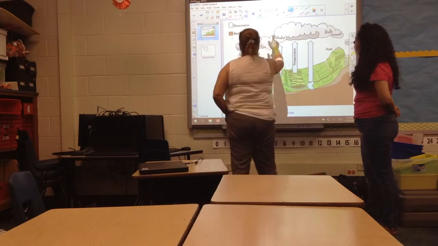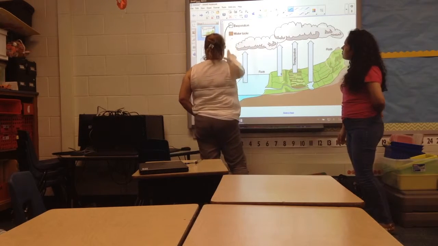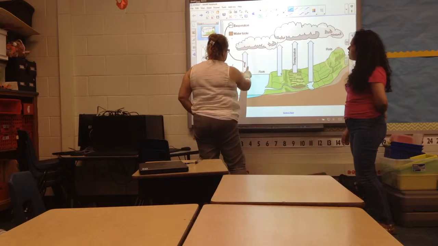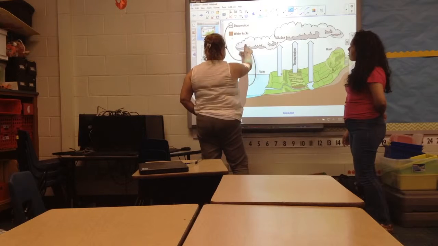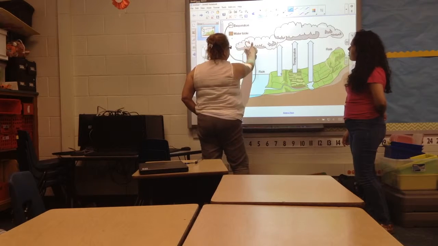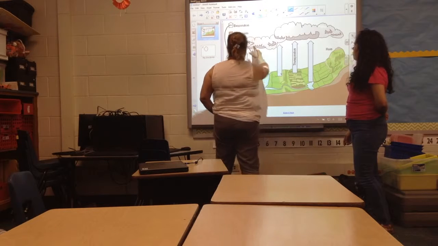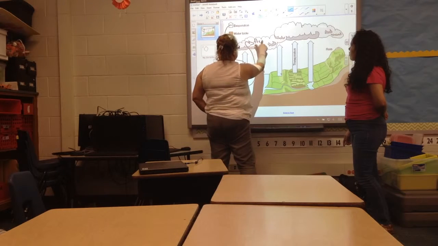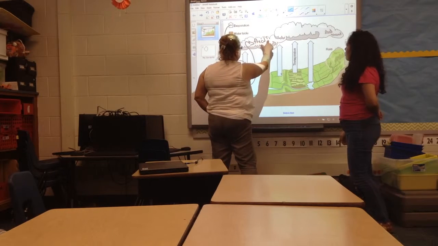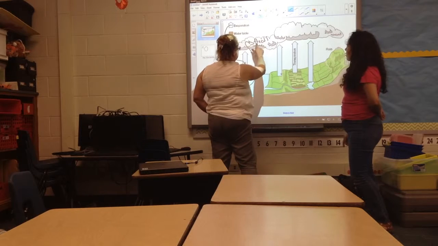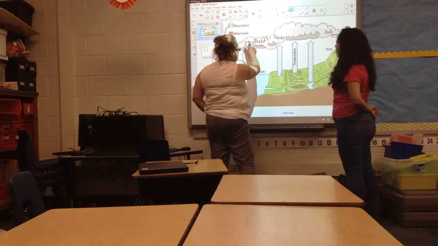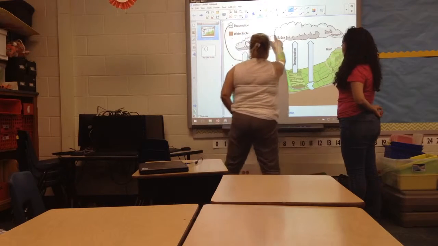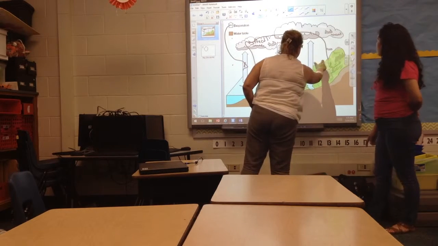We have evaporation first, and then the water evaporates and it makes some clouds. Then, when there are too many molecules of water together, it starts raining, and we have precipitation.